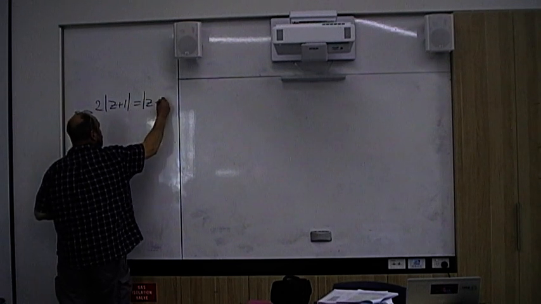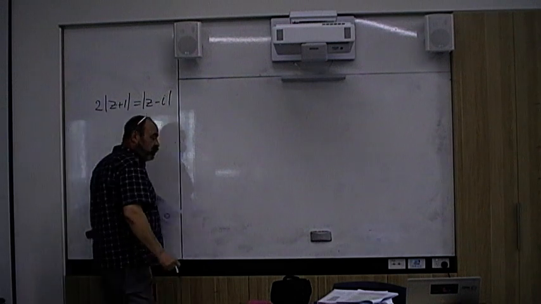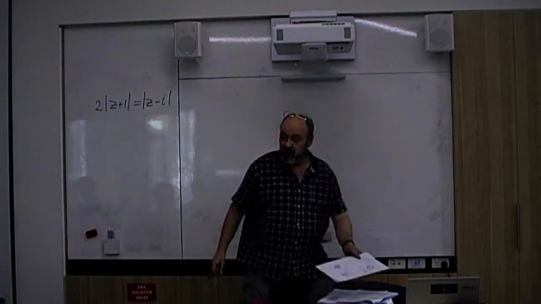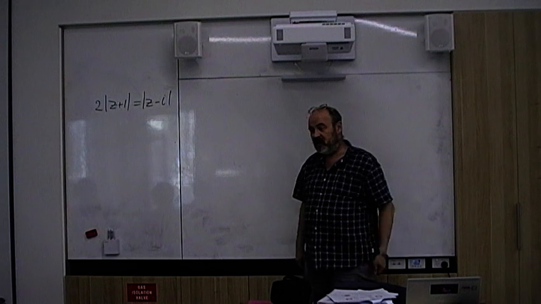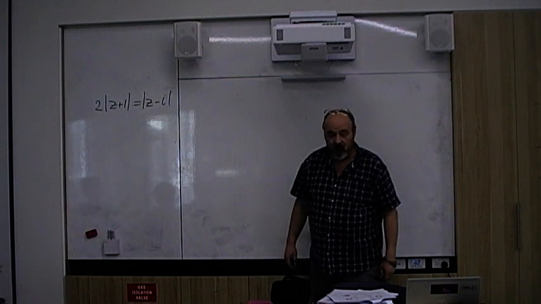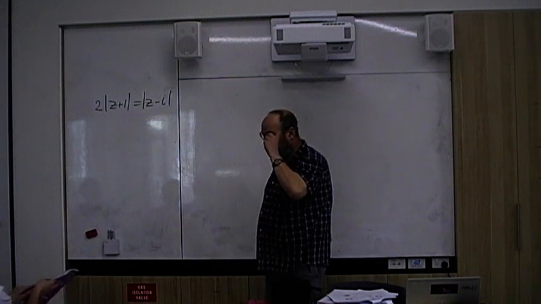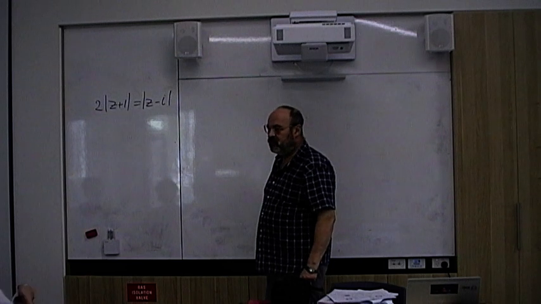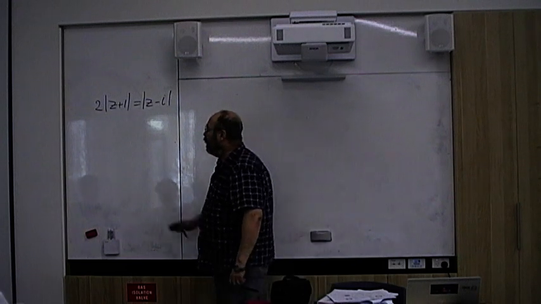If we have 2 times the modulus of z plus 1 equal to the modulus of z minus i, what line is that? We need to find the Cartesian equation. This question is not from the book.